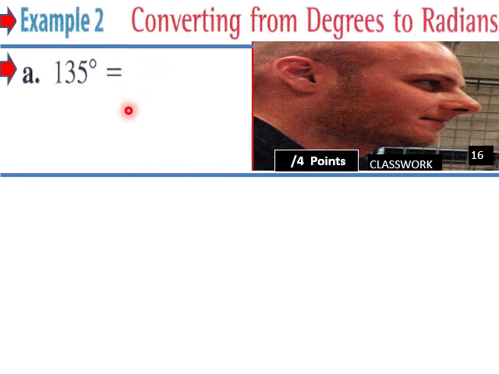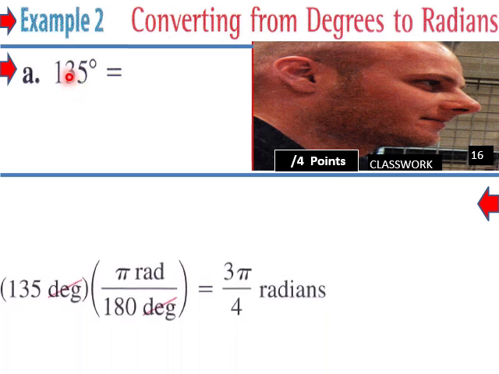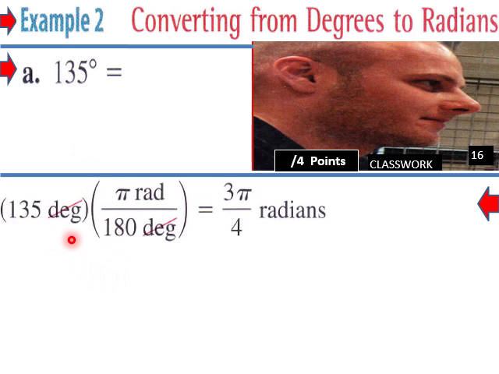Converting from degrees to radians. So 135 degrees, using our conversion factor here of pi radians over 180 degrees. These cancel, so we have 135 times pi radians over 180, which will simplify to 3 pi over 4 radians. So 135 degrees is 3/4 pi.